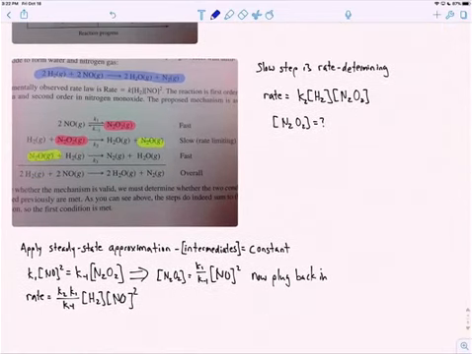So you have this chemical reaction here: 2 hydrogens plus 2 nitrogen monoxides makes 2 waters and a nitrogen. And they observe the rate law to be rate equals the rate constant times the concentration of hydrogen times the concentration of nitrogen monoxide squared. So what they're doing is saying, this is our proposed chemical reaction, our reaction mechanism.